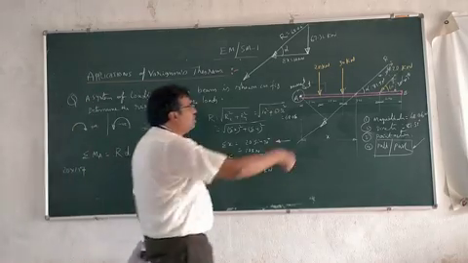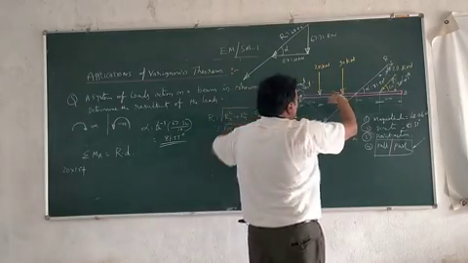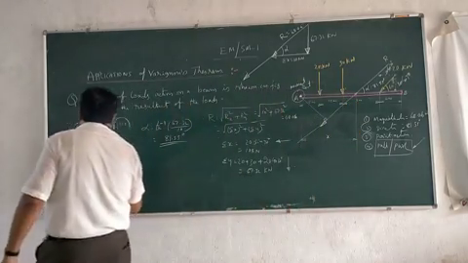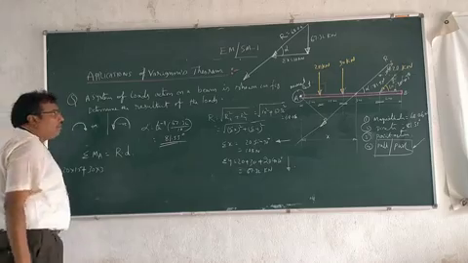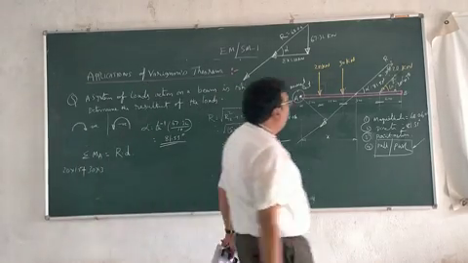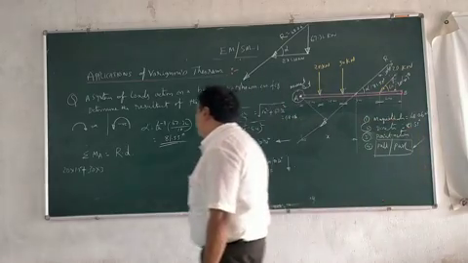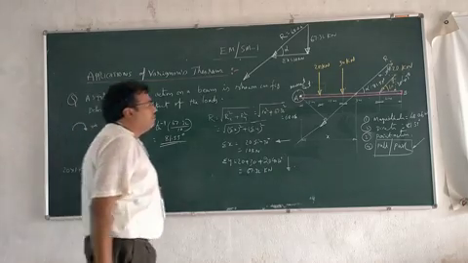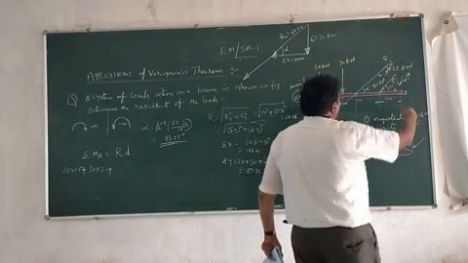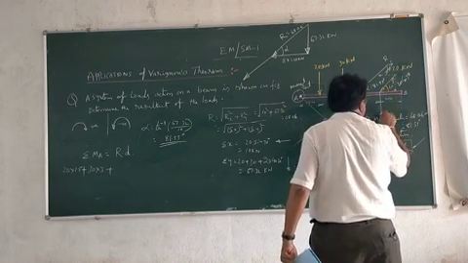It is also acting clockwise: 30 into 3, plus this one. It is also acting in the clockwise direction only. Plus this one, here. This is the position.